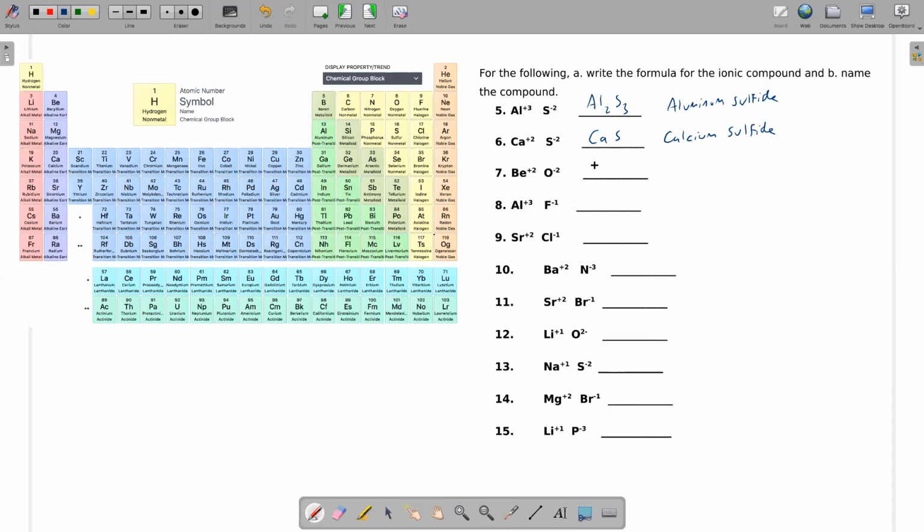Sulfur changes to sulfide. BeO is just BeO because it's beryllium and oxygen. Each has a charge of 2, so you only need a 1:1 ratio. That's beryllium oxide. Oxygen changes to oxide. Aluminum and fluorine, it's just AlF3, so it's aluminum fluoride.